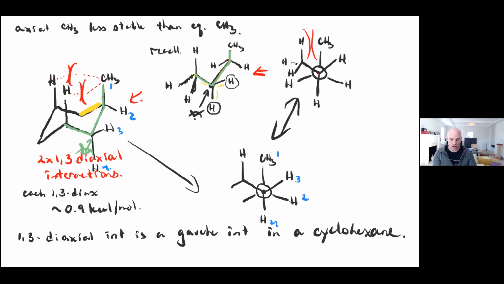And so there are two gauche interactions for each axial CH3, and it's not that they just look similar, they are energetically. So we said in butane, a gauche interaction is about 0.9. In methyl cyclohexane, the axial conformer is less stable by 1.8 kcal per mole. That's 2 gauche interactions. Okay?